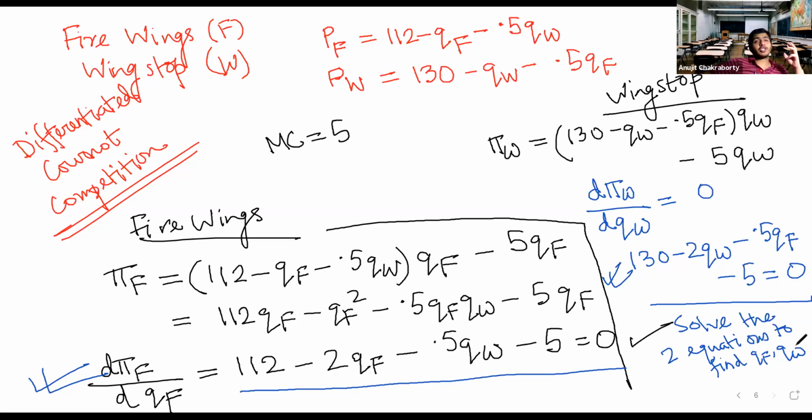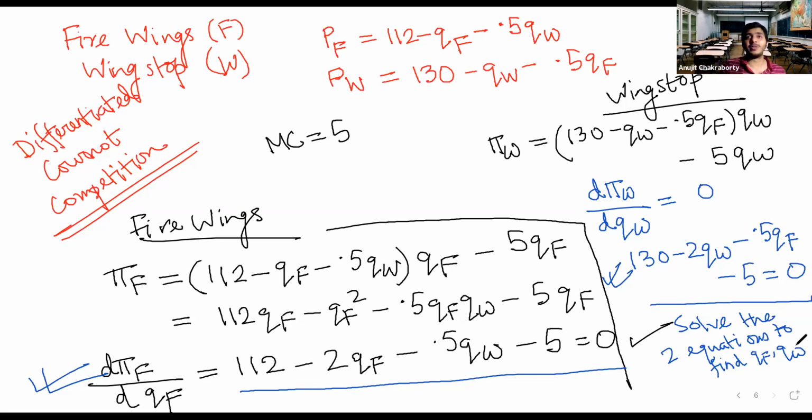Then the third case was when it is not undifferentiated product anymore. Rather, it's a differentiated Cournot competition. What that means is that different firms are going to produce things that are slightly different, and then you can't use the symmetry trick anymore.